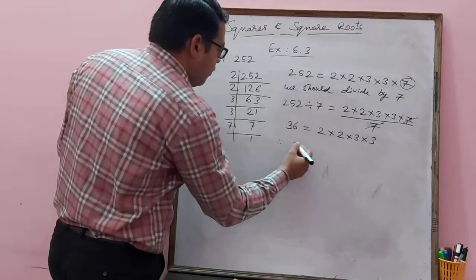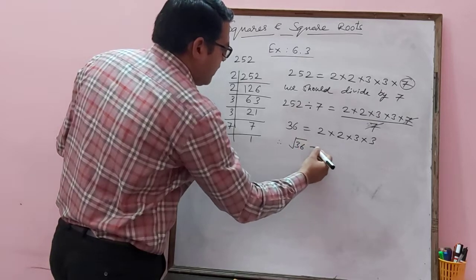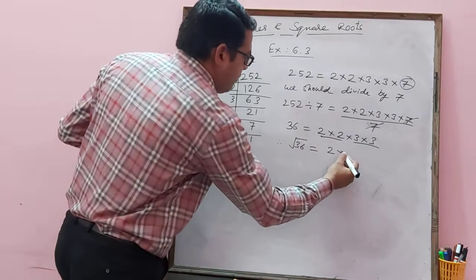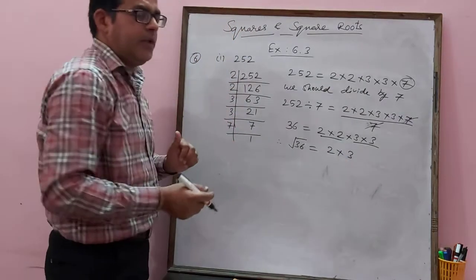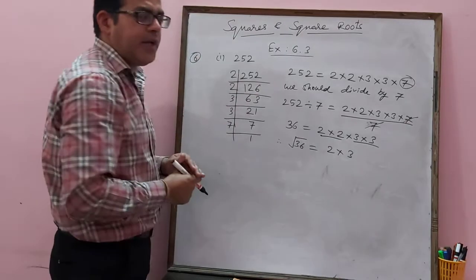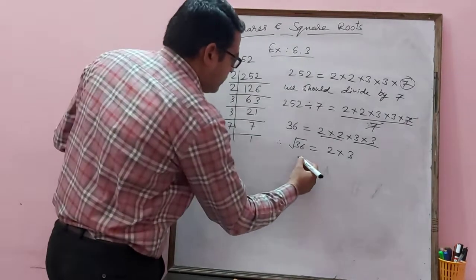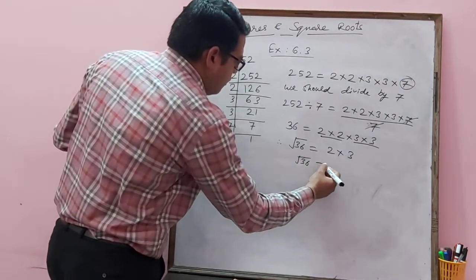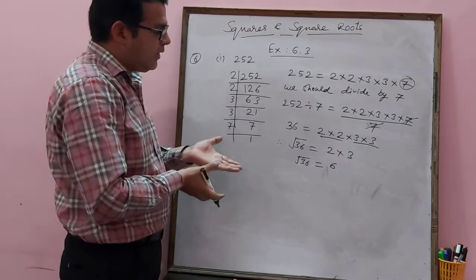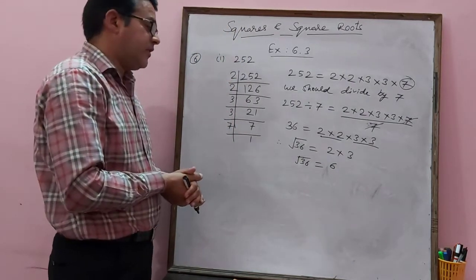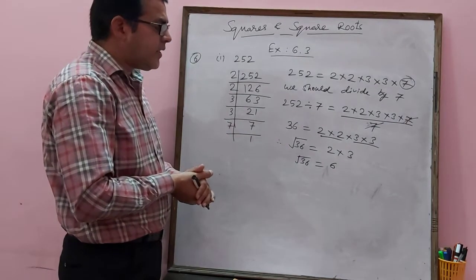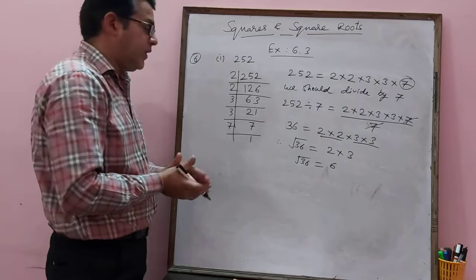So therefore, the square root of 36 we can find by making pairs of 2 and 3. From this pair we can take 2, and from this pair we can take 3. Now the square root of 36 is 6. So 36 is a perfect square number, and 6 is the square root of 36.